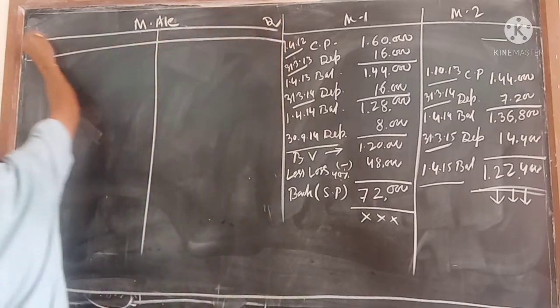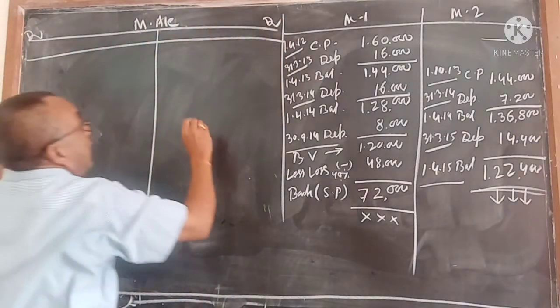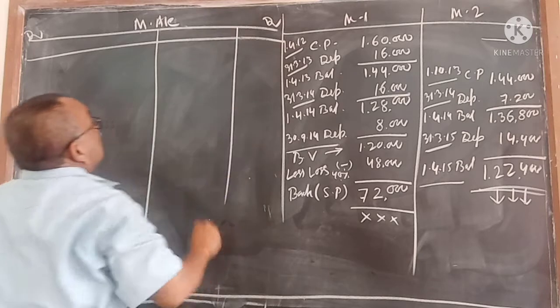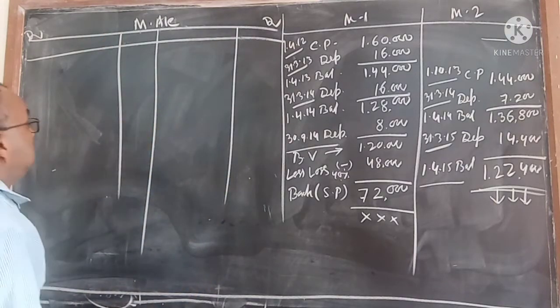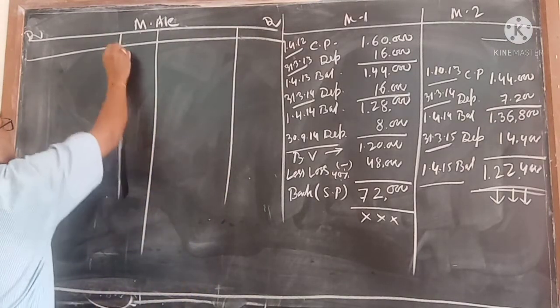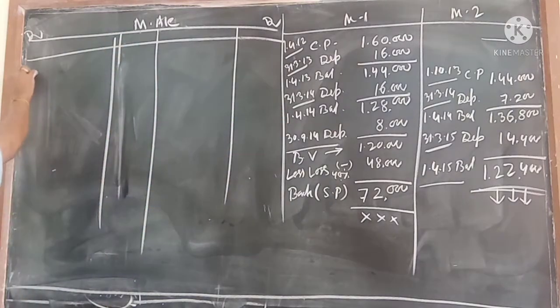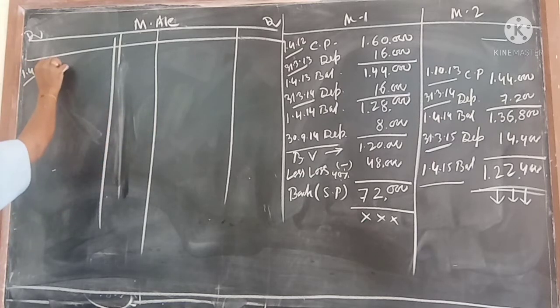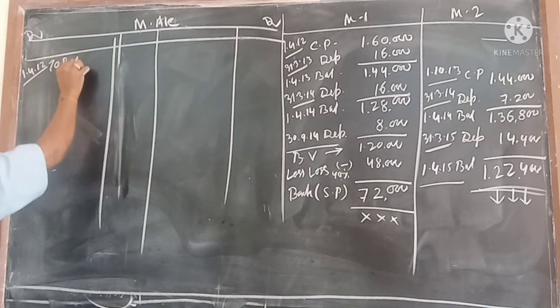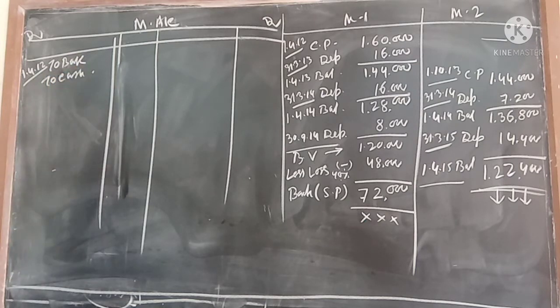You remember the figure at the time. Entry on 1-4-12: purchase the machines, to bank, to cash. To bank, how much was it?